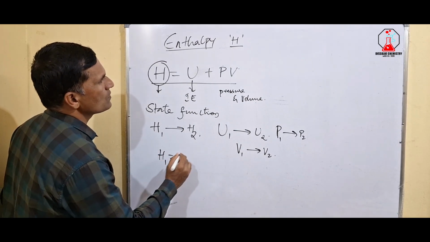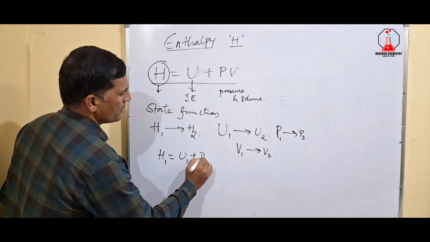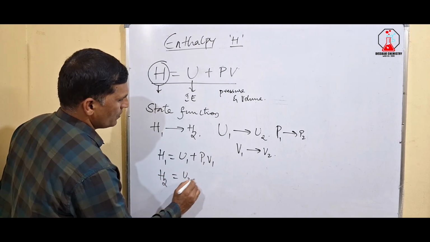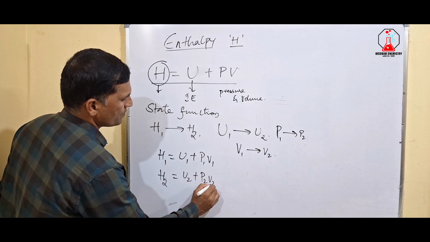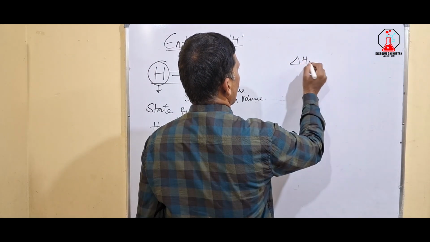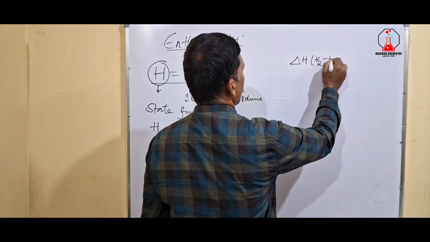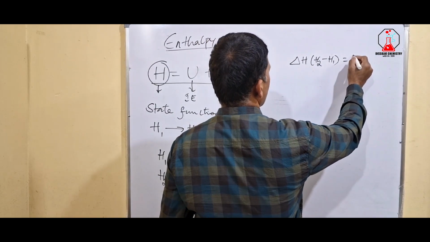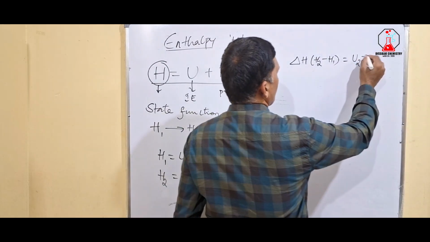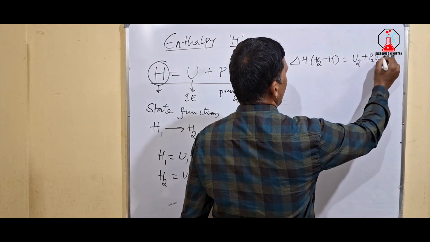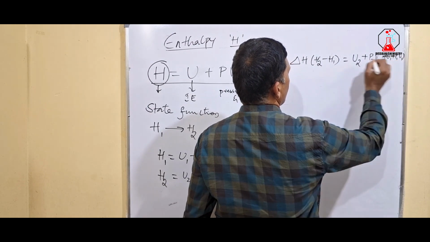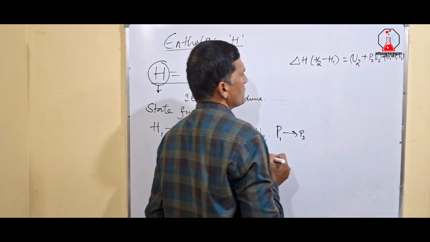H1 is equal to U1 plus P1 V1, H2 is equal to U2 plus P2 V2. Change in enthalpy is nothing but H2 minus H1, that is equal to U2 plus P2 V2 minus U1 plus P1 V1. That is how we will write.